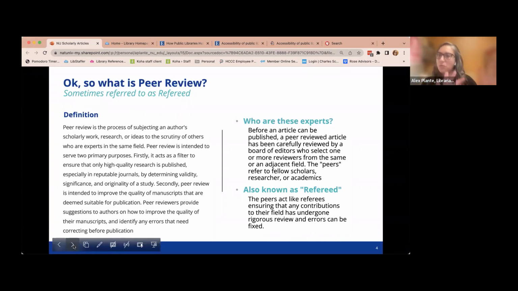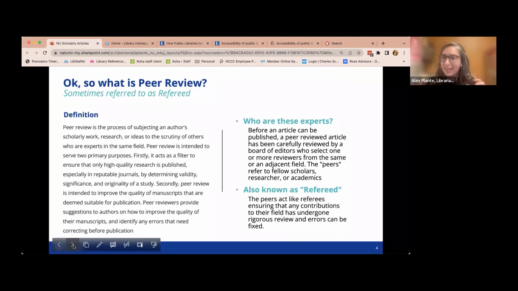And again, this is a lot of words, so I'm going to read it out loud. If you've got your captioning on, you should also be able to see it on the bottom of your screen, but I'll also be sharing these slides with you. So the definition of peer review is the process of subjecting an author's scholarly work, their research, or their ideas to the scrutiny of others who are experts in the same field.